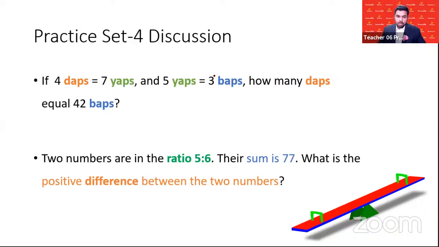But here you are given 3 baps is equal to 5 yaps. So how much multiplied by 3 will give you 42? What should you multiply with 3 to get 42? The answer is 14, right? So 14 multiplied by 3 is 42. So you have to do 14 multiplied by 5 to get the number of yaps.